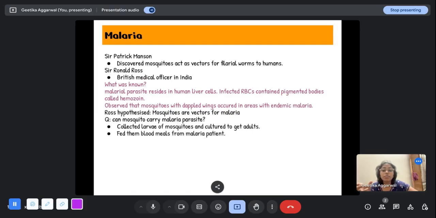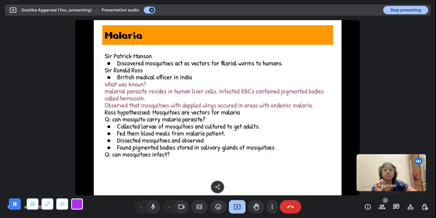Then he fed them blood meals from a malarial patient. So he paid a patient who was suffering from malaria and got blood from him, and then he fed this blood to his cultured adult mosquitoes, and then he dissected these mosquitoes and observed what was going on inside them with his microscope. And he found that these pigmented bodies are stored in the salivary glands of the mosquitoes.